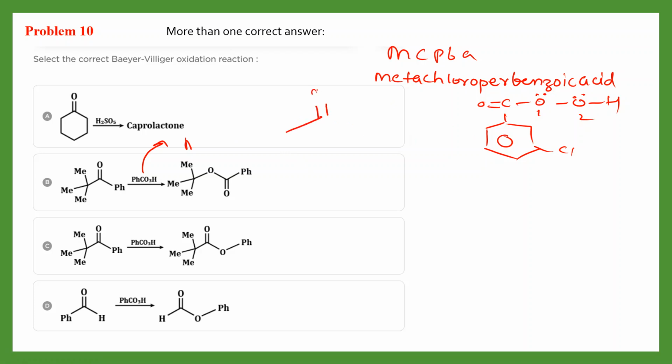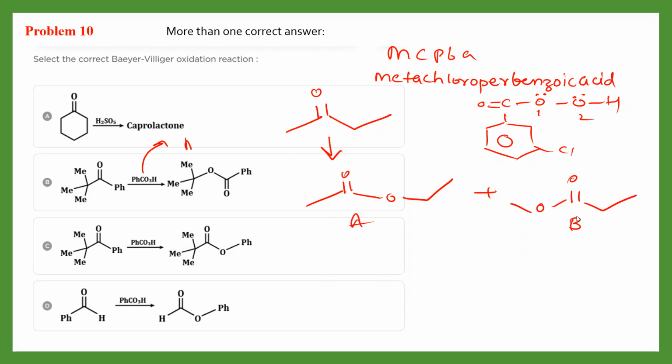Let's say you have this. You know that after MCPBA or whatever this oxidizing agent, you will get either this product or this product. Among A and B, which is the major product? To which side will your oxygen insert?